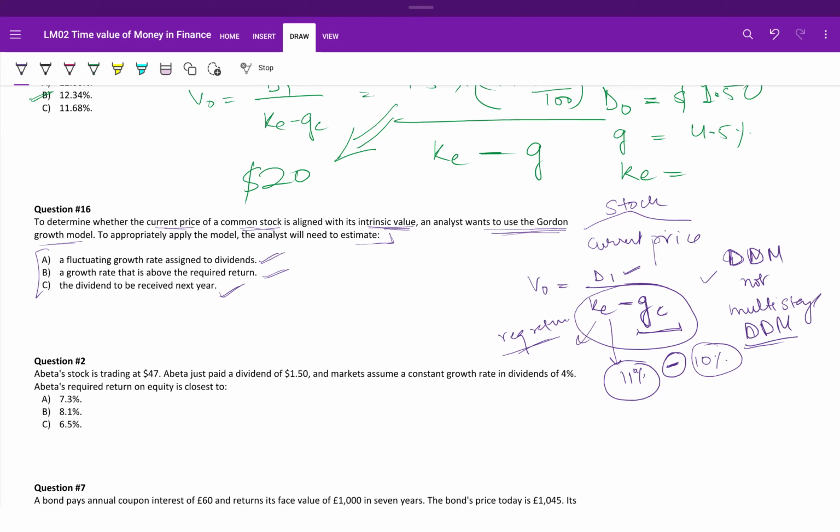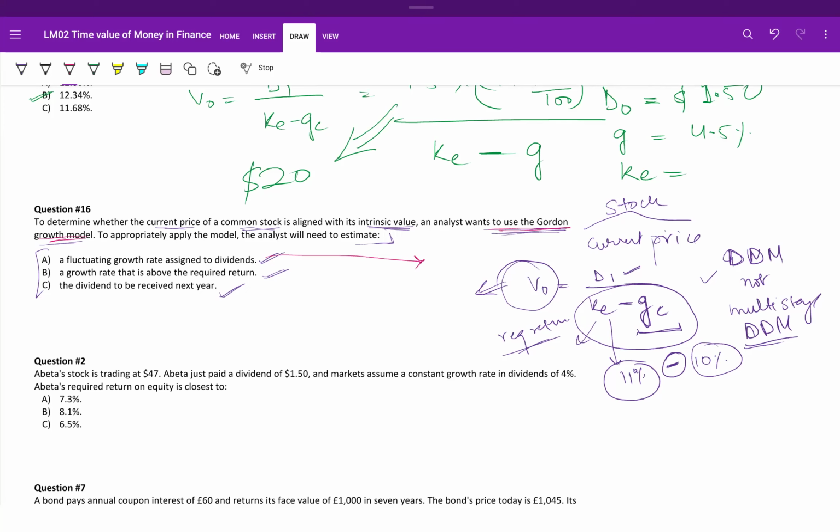Now let's get back to the question: to determine whether the current price is aligned with its intrinsic value. The analyst wants to use the Gordon growth model. To appropriately apply it, the analyst will need to estimate what? A fluctuating growth rate assigned to dividends? This is for the multi-stage dividend model. A growth rate that is above the required rate?